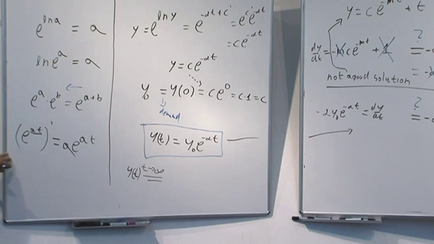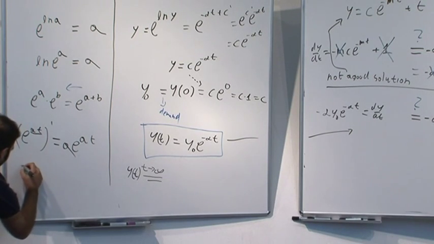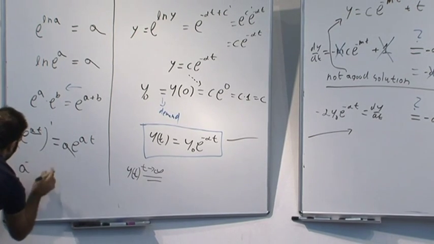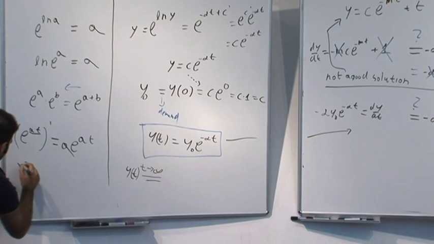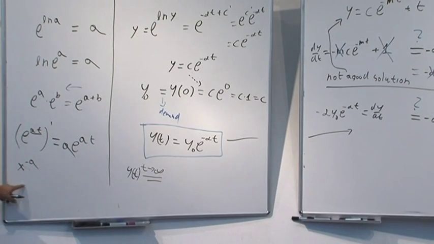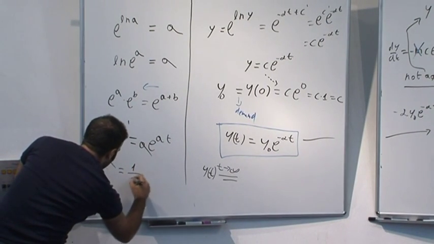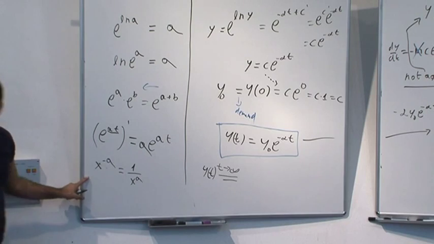This is a few mathematical rules. X in the power of minus a: anything in the power of a negative power is equal to 1 over x to the a.